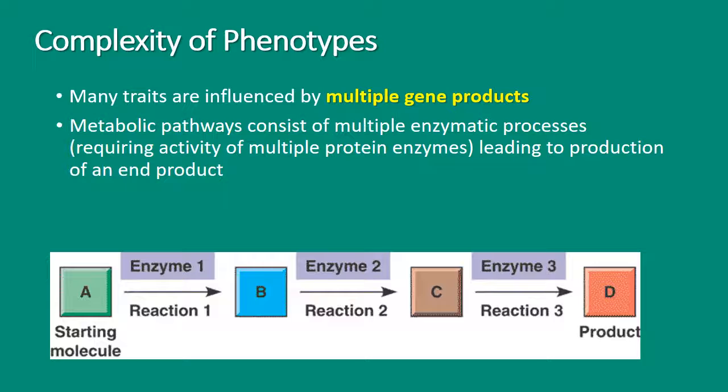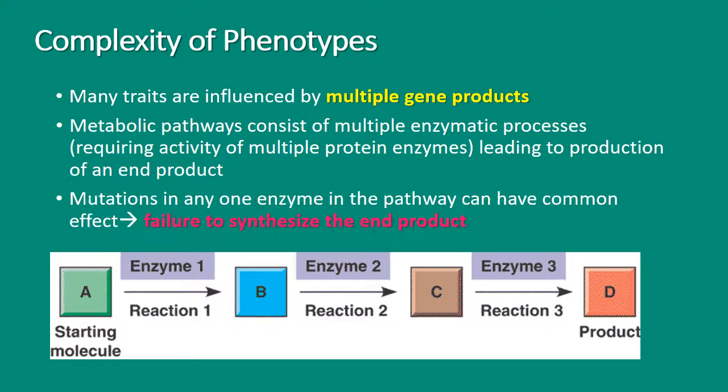So the phenotype might be that you don't make this particular amino acid, and maybe in the case of a bacteria, that might mean that the bacteria dies because it can't make an important amino acid. But it could be different mutations occurring on different alleles of different genes that cause that same end effect, because mutations in any of these enzymes give you that same end problem, which is you don't produce the end product.